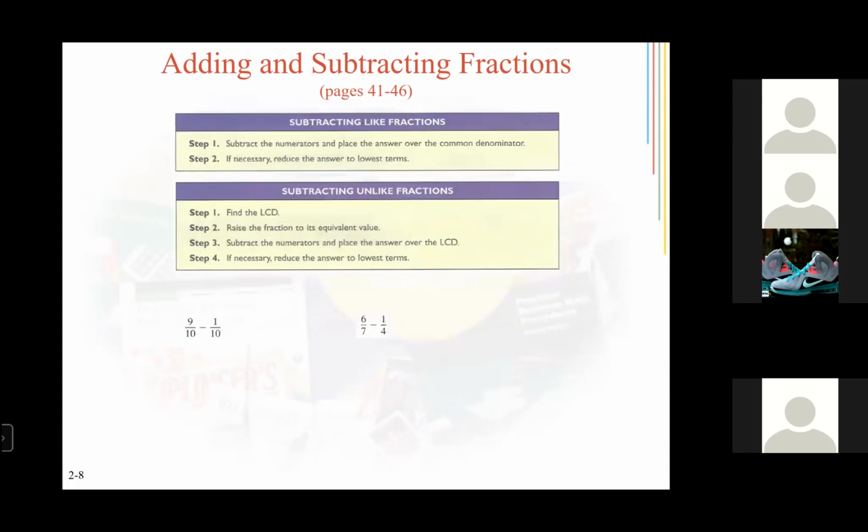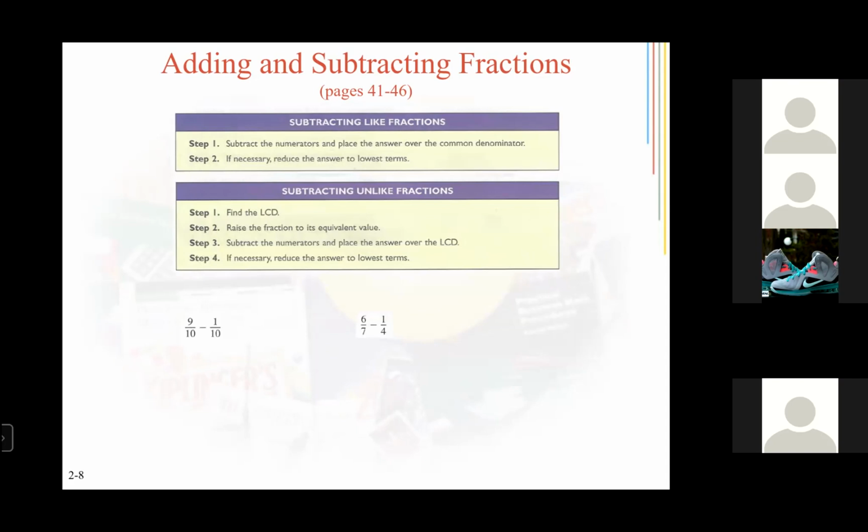The same principle applies for subtraction. You must have the same denominator in order to subtract. So if you look at the example that's there, 9/10 minus 1/10, what's your answer? 8/10.